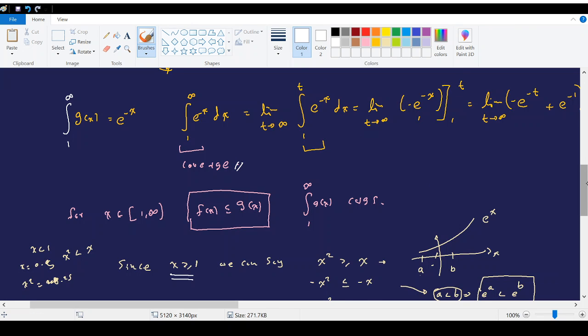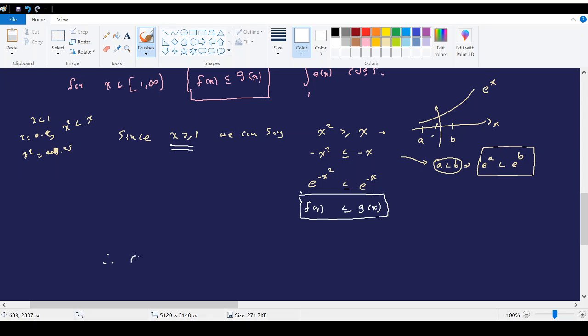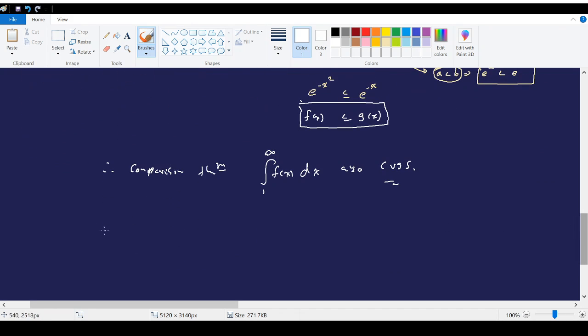Therefore, by the comparison theorem, we can say the integral of the other function also converges. Right, now what we have proved is that the integral from 1 to infinity of the function e to the power negative x squared dx converges.